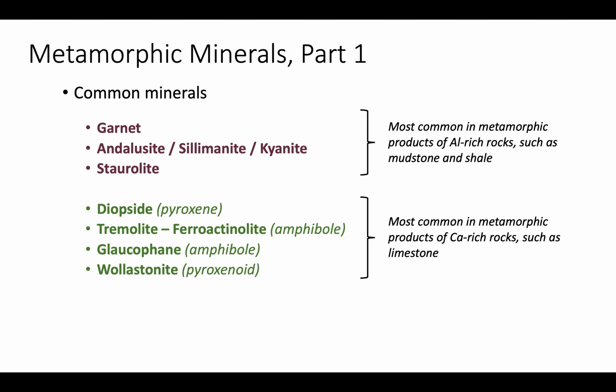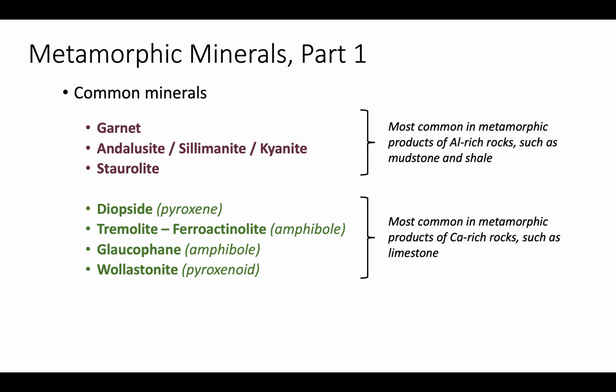I'm breaking these minerals up into two distinct groups, based on what sort of original rock you would most commonly find these minerals in. If we're not bringing fluids into our rock, what we have is a closed system. Nothing's coming in or going out of it.